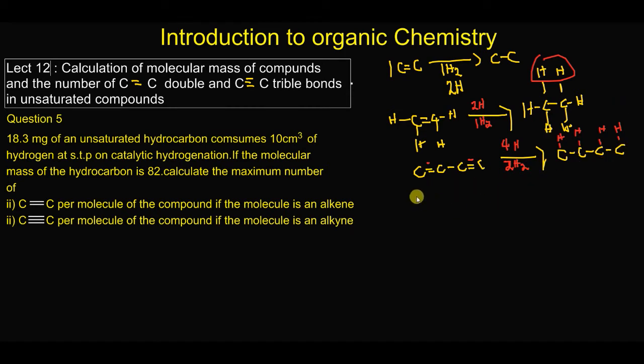And we also talk about the triple bonds. If I want to clear out a triple bond to a single bond, what do I do? Here it means that I have to add hydrogen here and hydrogen here, in order to clear out this bond and that bond there.